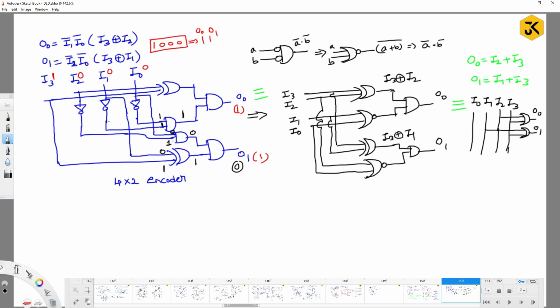Which AND gate are you trying to say? So I2 bar, I0 bar. Here the connection is wrong. It should be for I0 bar. So here the connection will be for I0 bar.